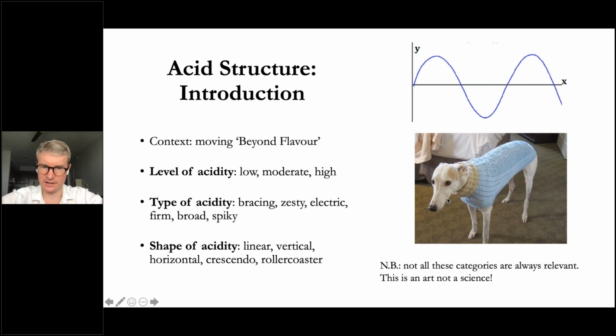Alice is saying high, firm, and linear acidity. Good. We got another vote for firm types of acidity. Zesty. Kathleen thinks that you get the acidity more at the end. It's felt higher at the end. Whereas Luciana says in the middle. Stanislav says the acidity is increasing or escalating, as Corey says.